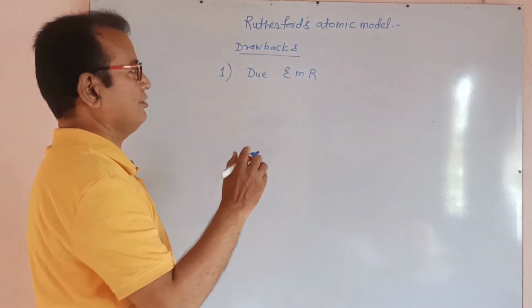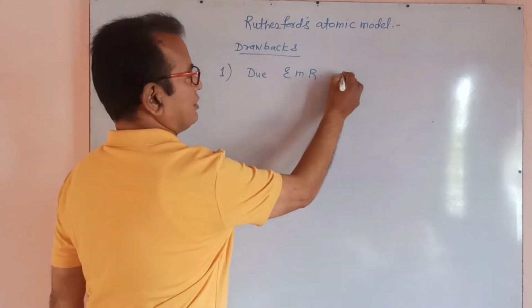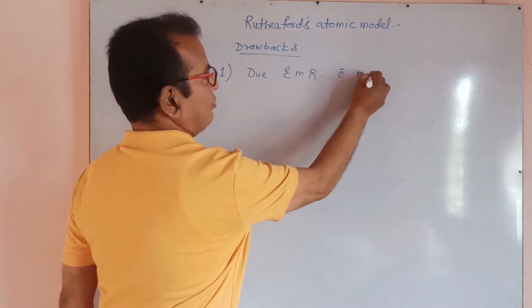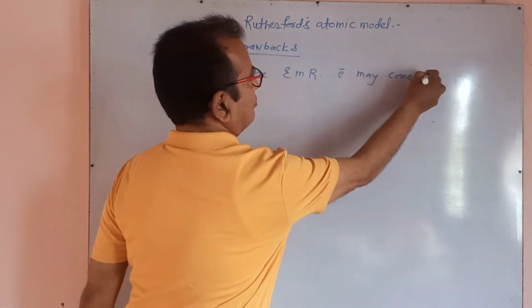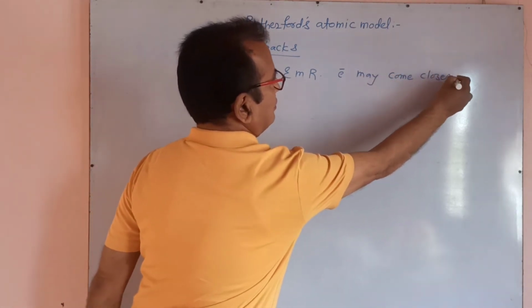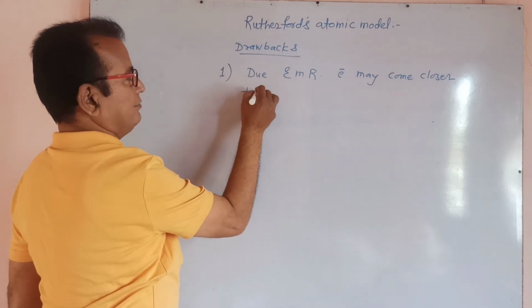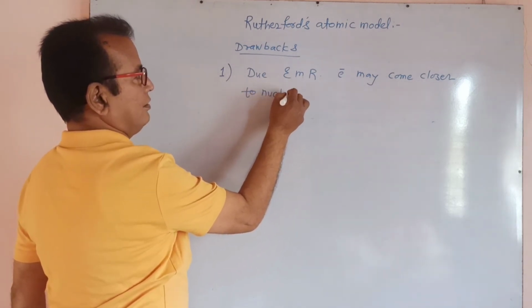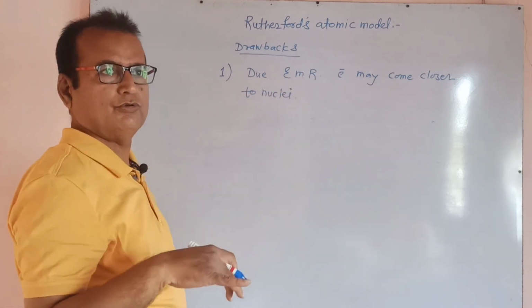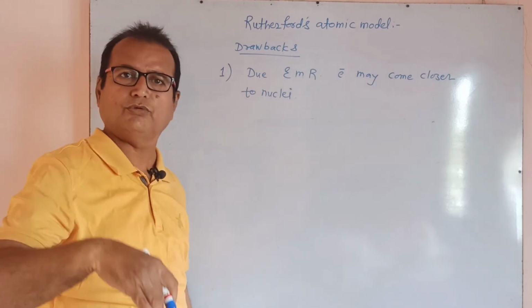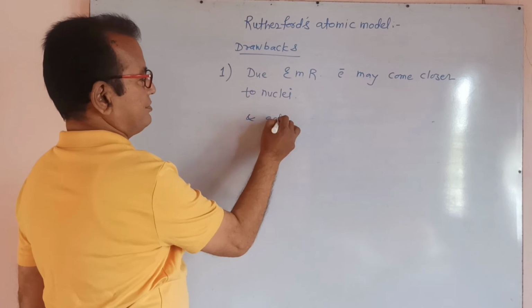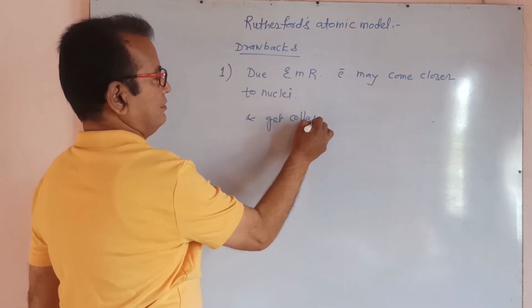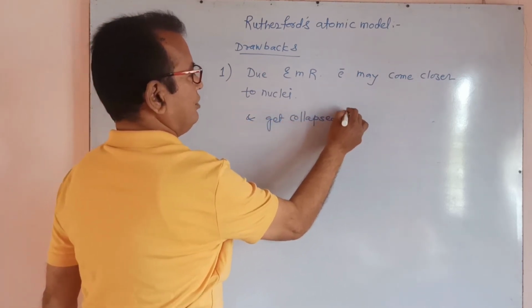Due to electromagnetic radiation, the electron may come closer to the nucleus and collapse into the nucleus.